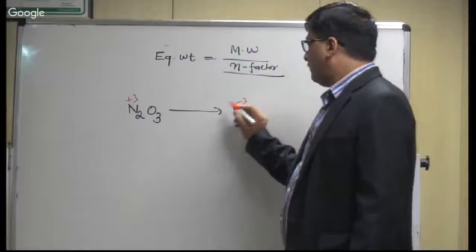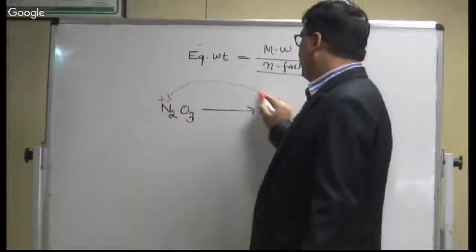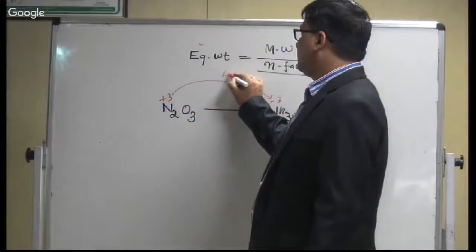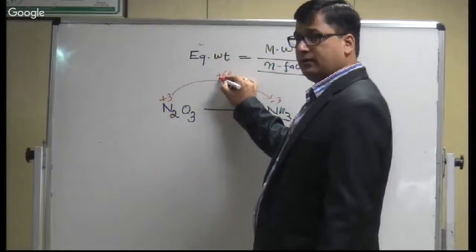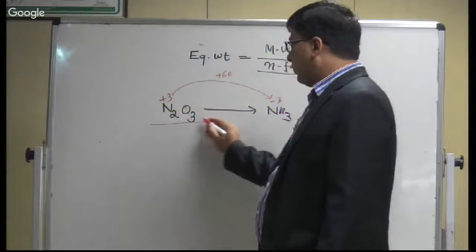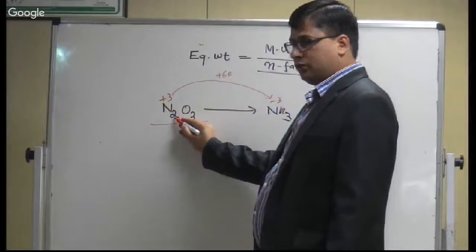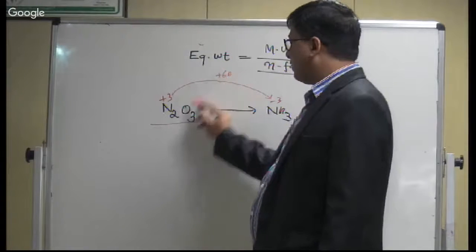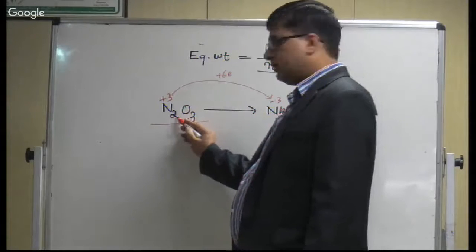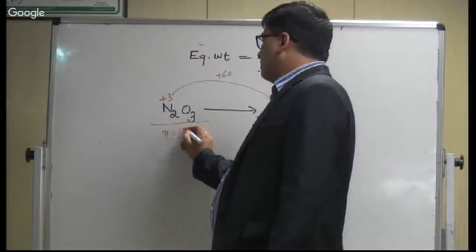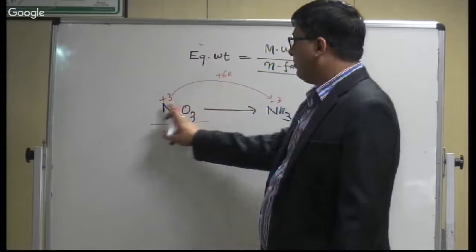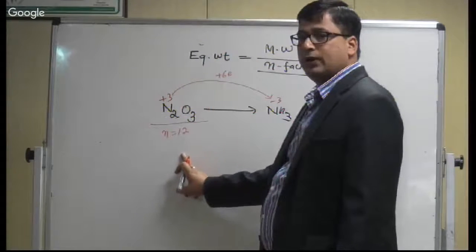Minus 3. From plus 3 to minus 3, how many electrons does it gain? 6. 6 electrons gain. This molecule consists of how many nitrogen? 2. So 1 nitrogen gains 6 electrons, 2 will gain 12. So the n factor is 12, so the equivalent weight can be written as M by 12.